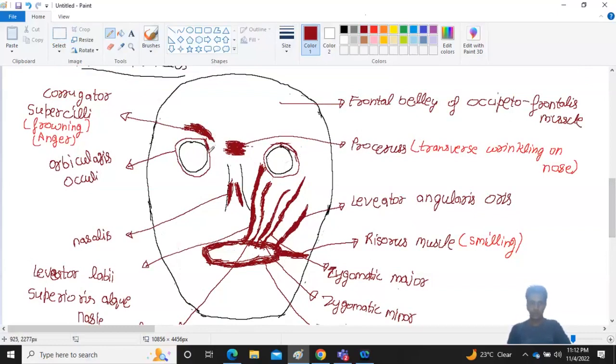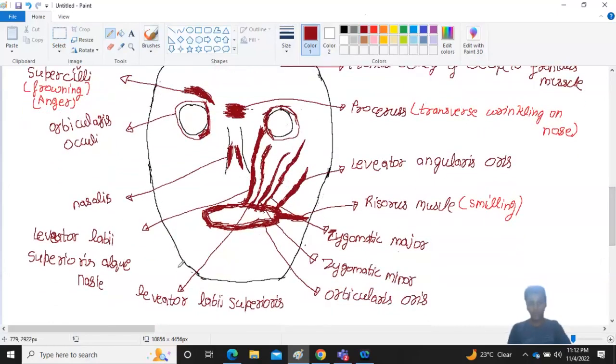These are the muscles which help in elevating the lips. Now there are some muscles which help in depressing the lips. Here is a muscle present on the mental symphysis menti.